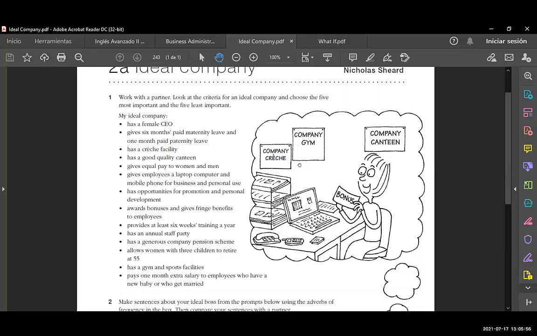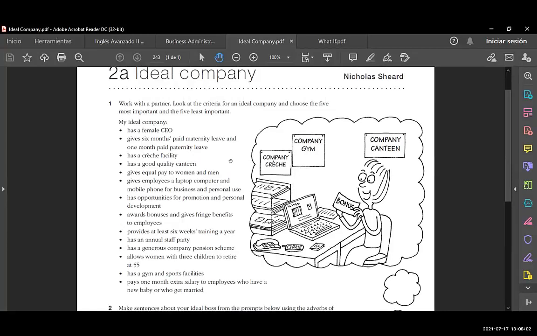So here I'm presenting different things that could be acceptable for an ideal company. So you're going to do it individually. You're going to choose 5 important aspects from this list that are for you in order to have an ideal company.